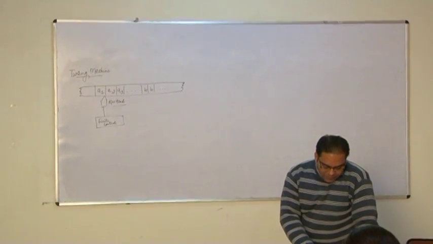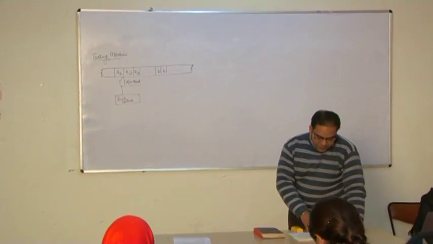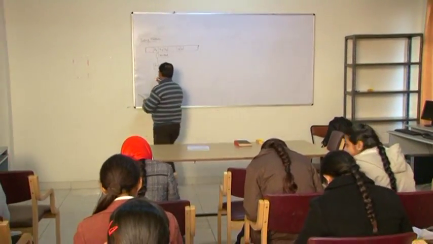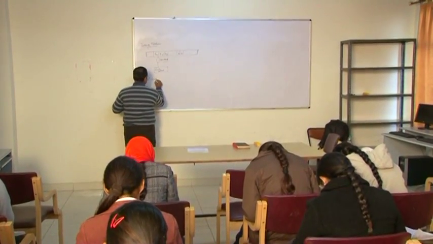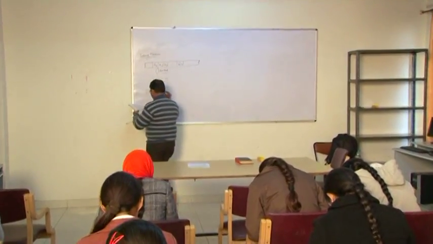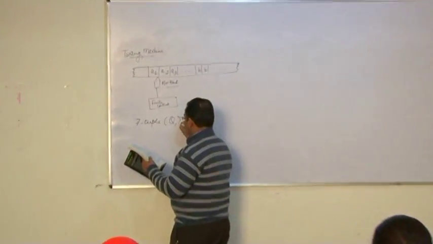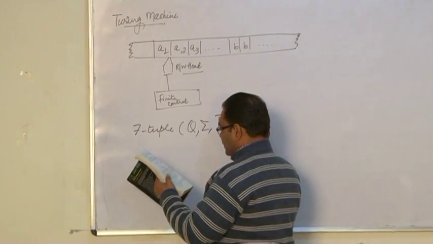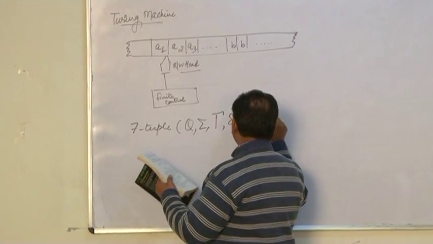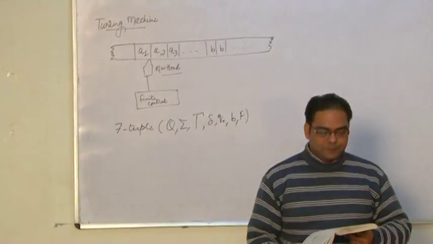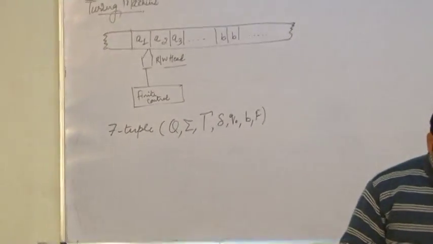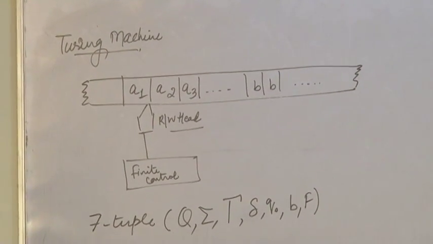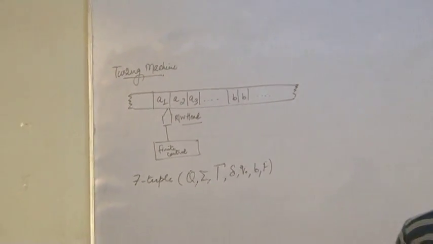Now write down the formal definition of Turing machine. A Turing machine is a 7-tuple, namely capital Q, sigma, tau, delta, q naught, B and capital F. So what is capital Q? Finite non-empty set of states.